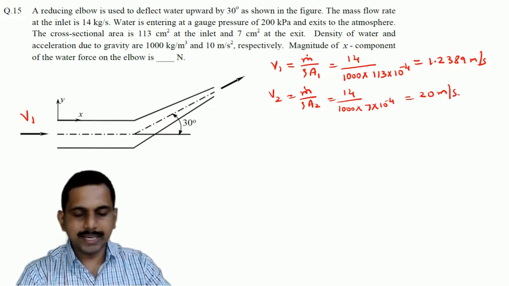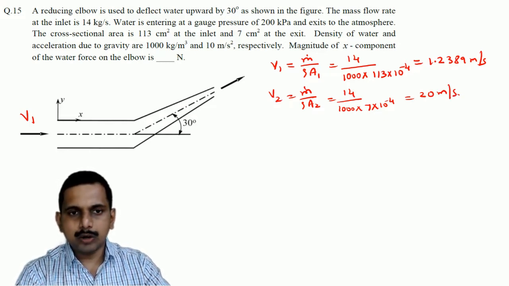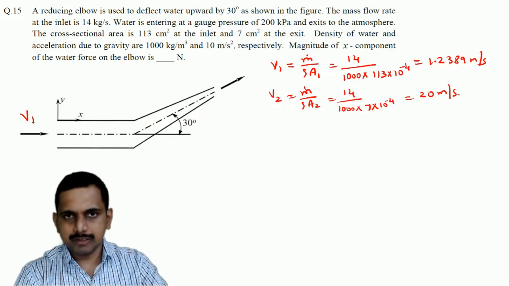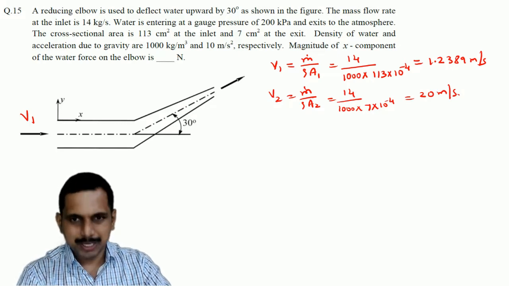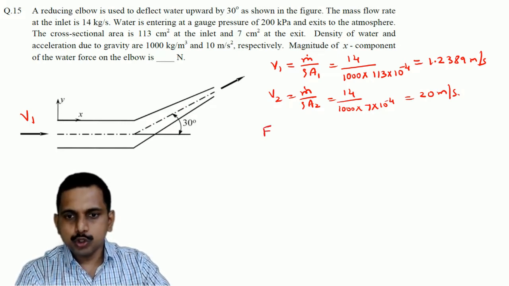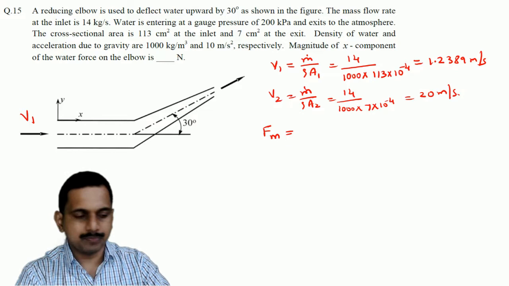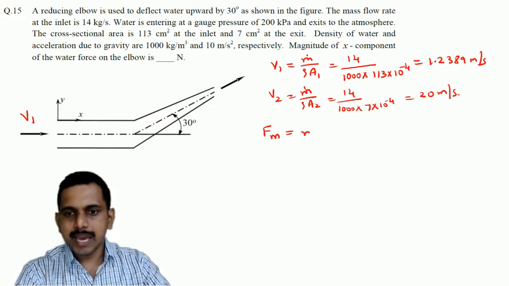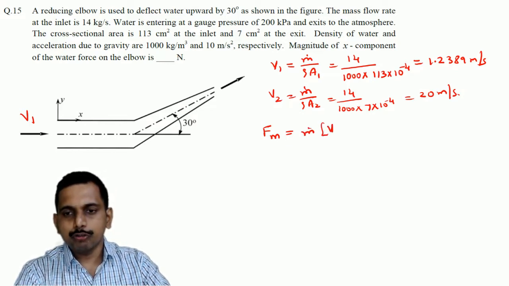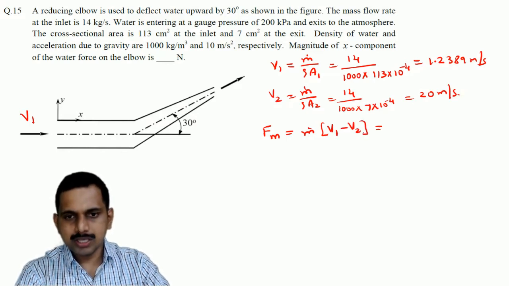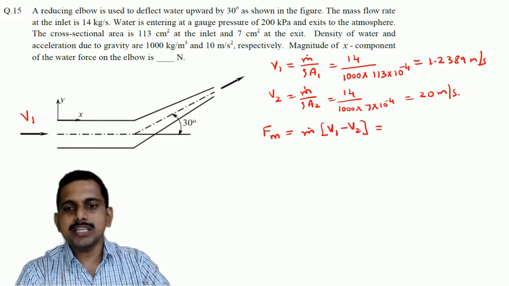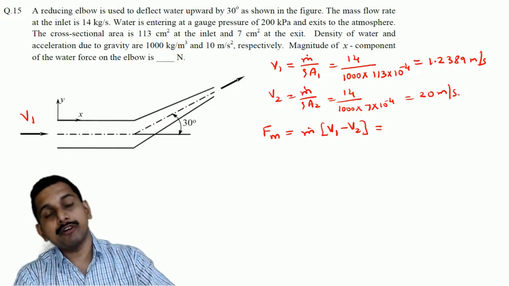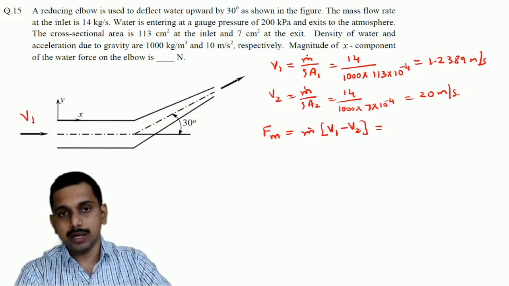Okay. Next, what about now? Here there are two ways in which the forces act. One is momentum transfer. The second one is pressure. For the force due to momentum transfer, Fm, I can say it is m dot into V1 minus V2, because this is the force of the fluid on the vane.